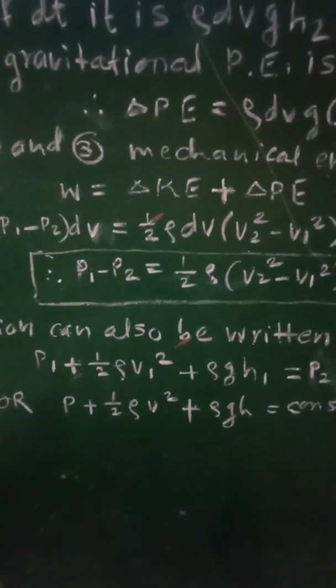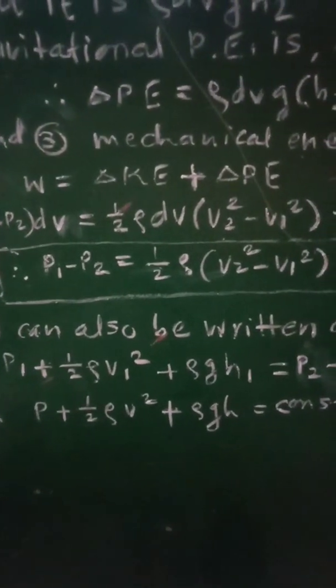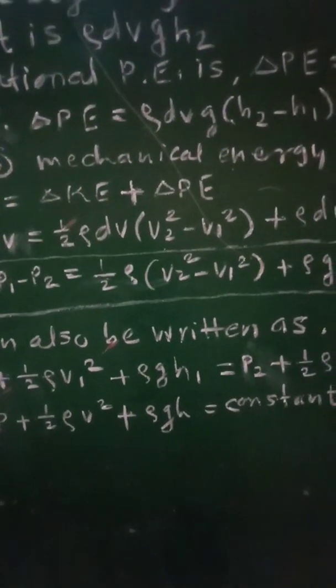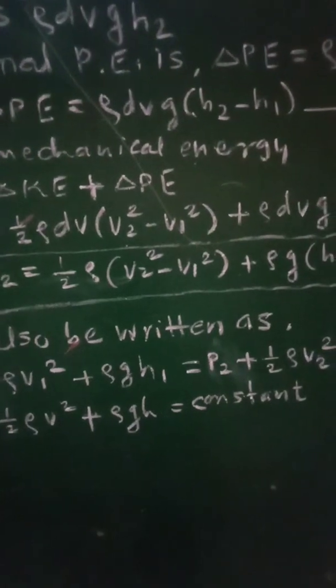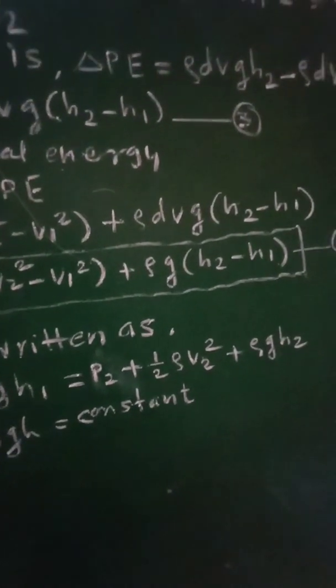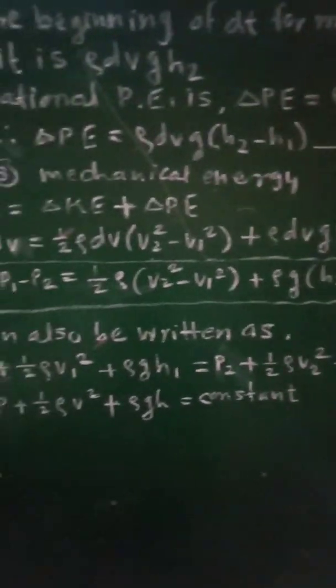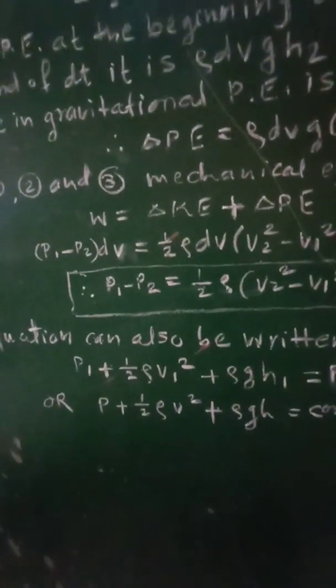Dividing the whole equation by dV, we get P1 minus P2 equal to half rho into V2 square minus V1 square plus rho g into H2 minus H1, equation number 4. And this equation is nothing but Bernoulli's equation.